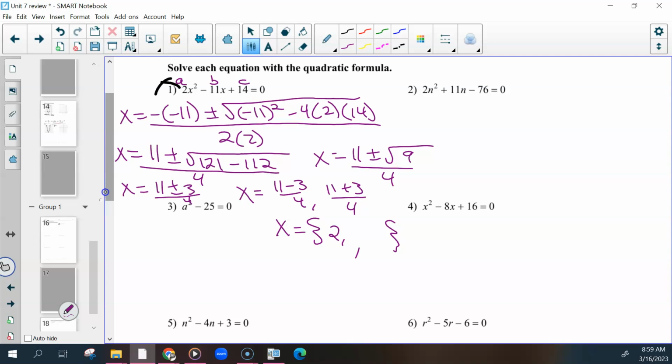And then always make sure this is least to greatest. So do 7 divided by 2. Make sure that's not smaller than 2. Questions on that before we do the other one?